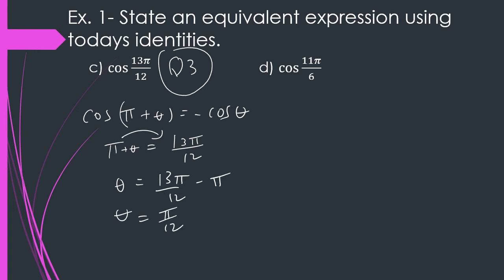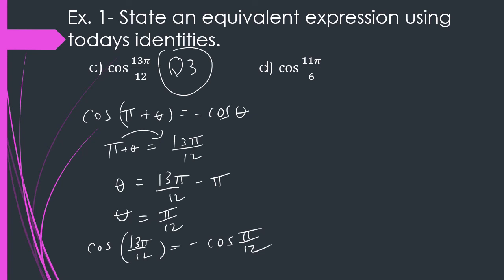So you've just calculated theta. So what this means is that cos 13 pi over 12 is equal to negative cos pi over 12. Again, you can check that by typing on your calculator in radian mode.